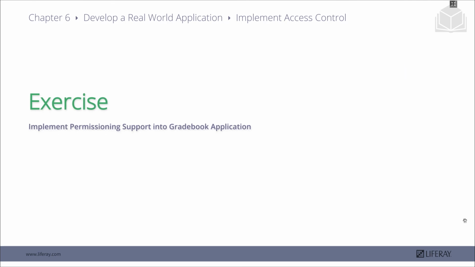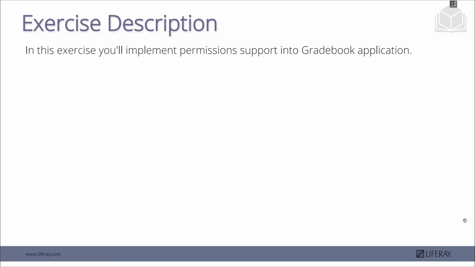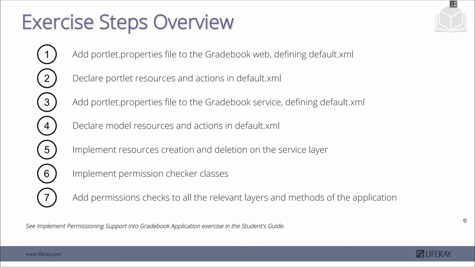So, very long conversation here. Let's go ahead and put this into practice by adding our gradebook application into Liferay's permissioning system. We're going to add the gradebook application so that it supports permissioning.